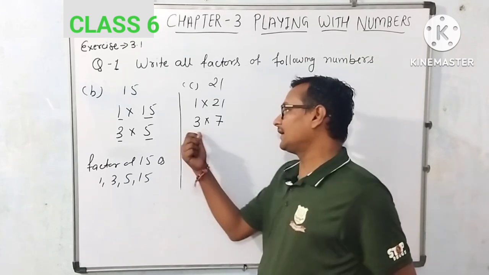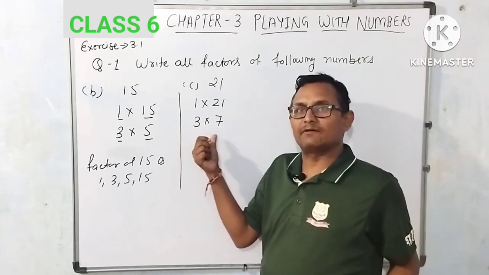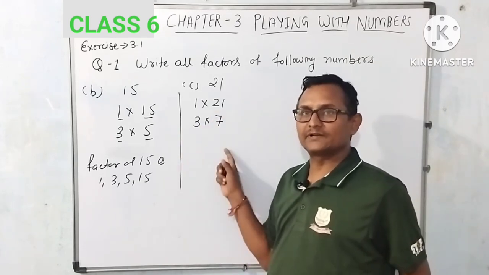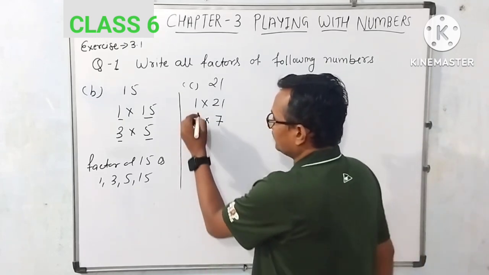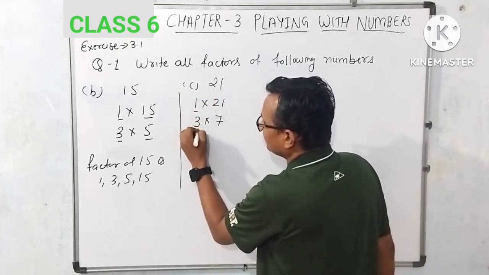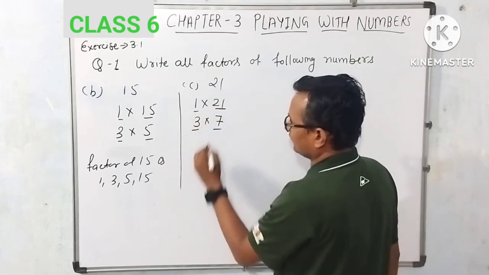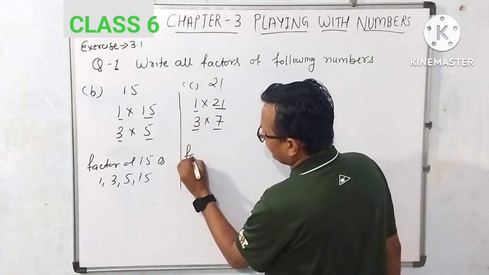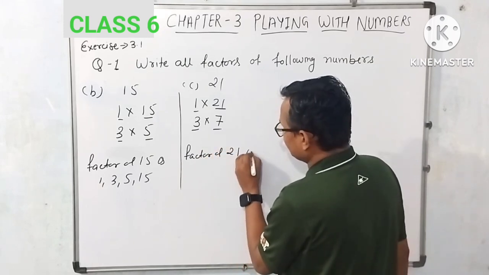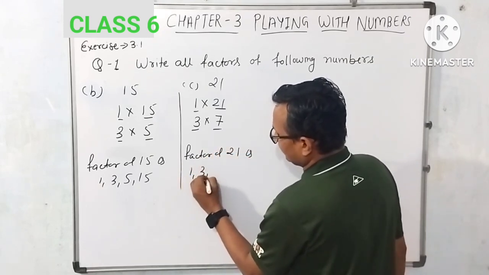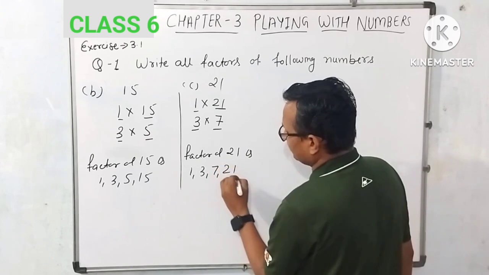But friends, here we have already written 3 into 7, 21. If I write 7 into 3, it will be the same. So our factors stop here. Means the factors of 21 are 1, 3, 7 and 21. So we can write factors of 21 are 1, 3, 7 and 21.